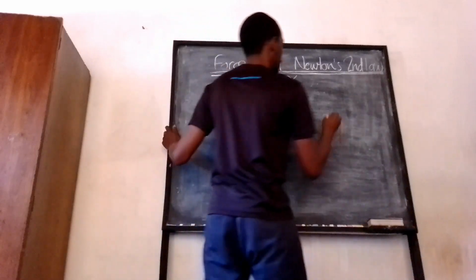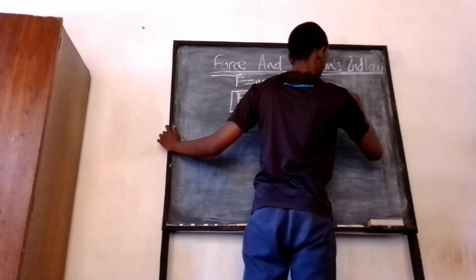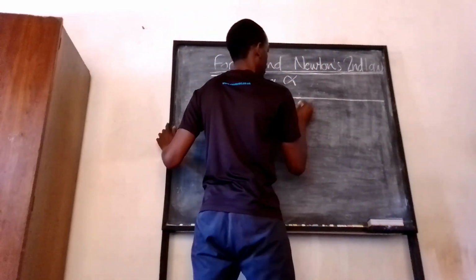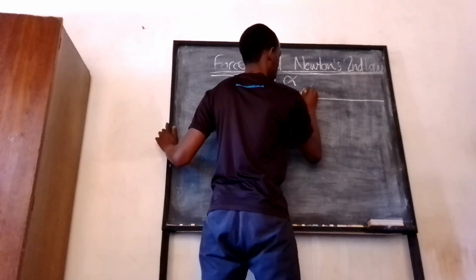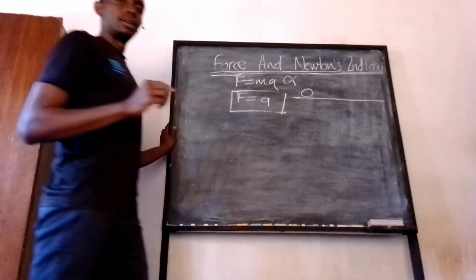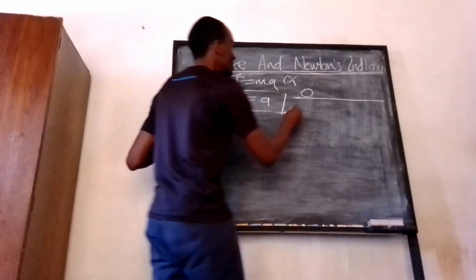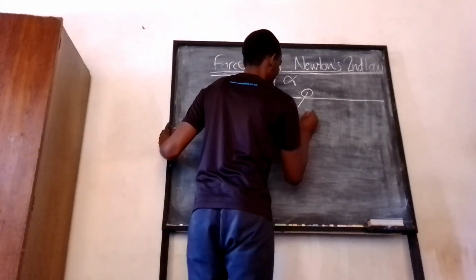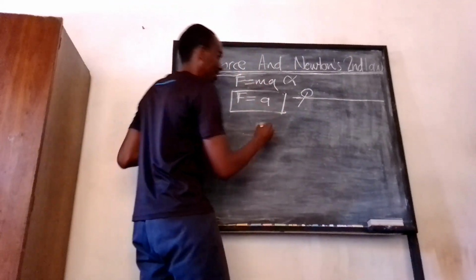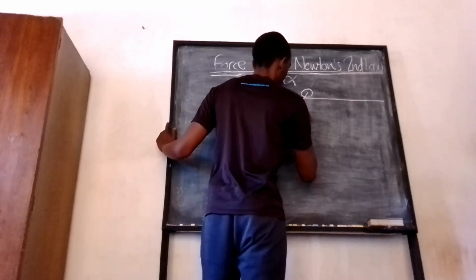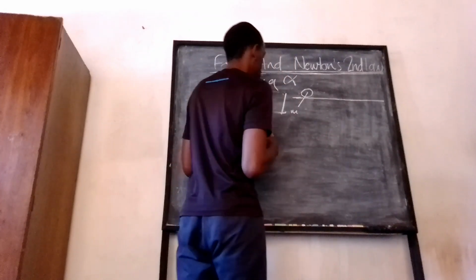Say we've got a line in space and we've got a single mass. Remember, mass is the quantity of matter. So say this is a single matter, meaning that m is equal to 1. I usually label this as a constituent particle.